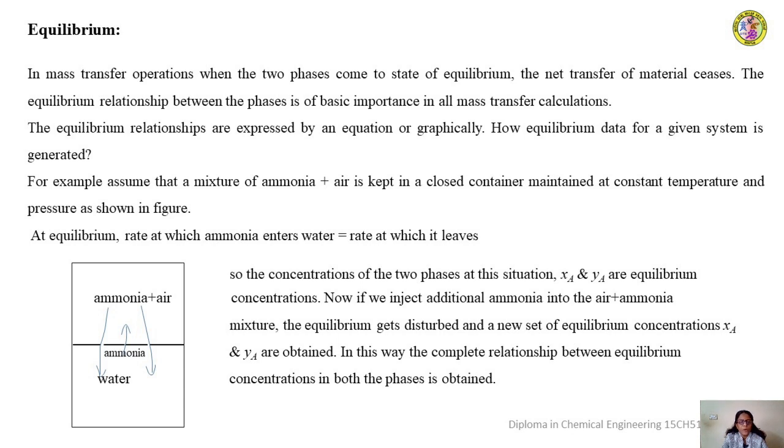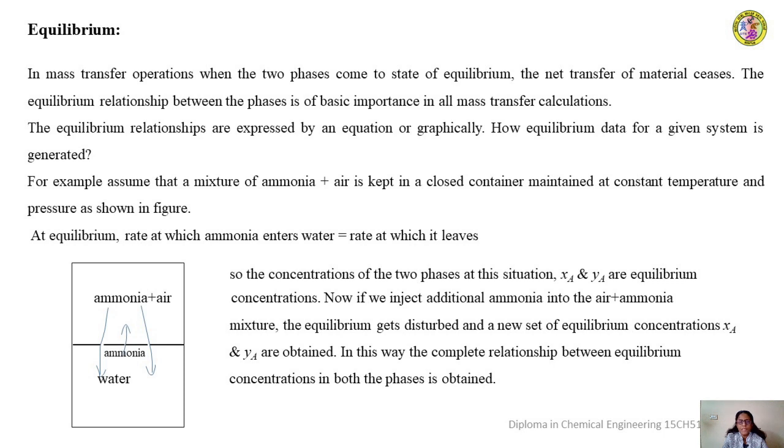Like this, if we go on increasing the ammonia concentration in air from time to time and recording the Xa and Ya values at the time when equilibrium has been reached, then you will get a complete equilibrium relationship between the two phases. A set of Xa and Ya values where the Xa is in equilibrium with the corresponding Ya value will give you the equilibrium relationship for the given system of ammonia, air and water.